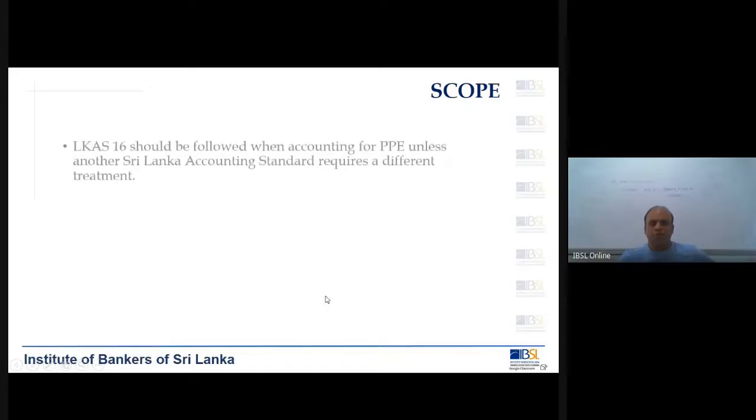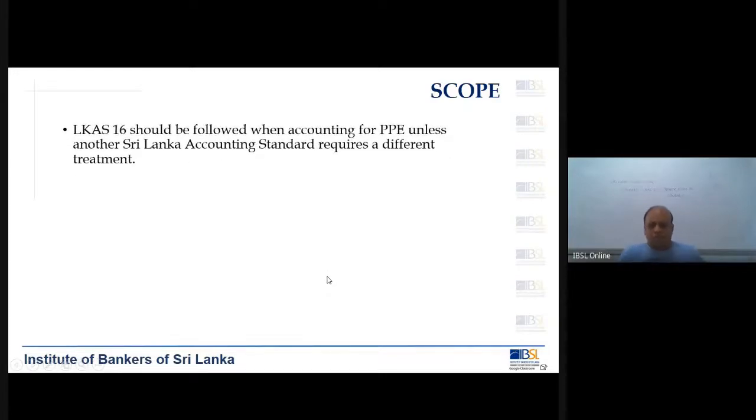The scope of the standard. Every standard might have an objective and it will also have a scope defined within the accounting standard. So here comes: LKAS 16 should be followed when accounting for PPE unless another Sri Lanka accounting standard requires a different treatment.